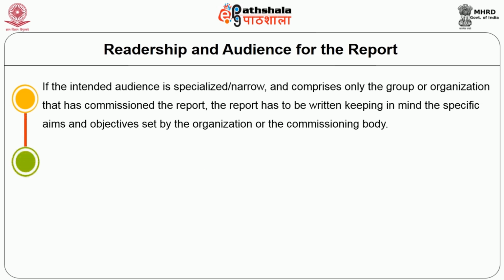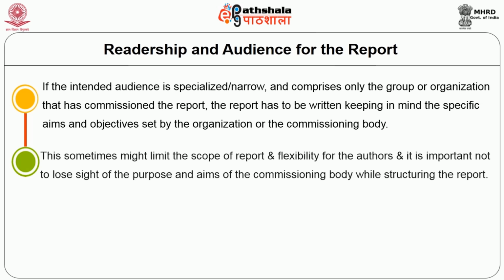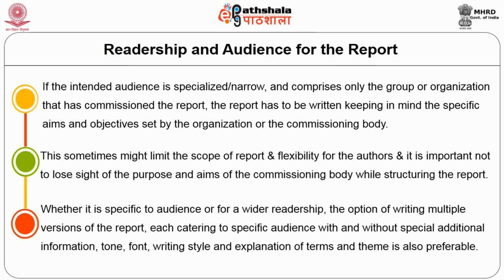This sometimes might limit the scope of the report and flexibility for the authors, and it is important not to lose sight of the purpose and aims of the commissioning body while structuring the report, as mentioned a while ago. Whether it is specific to audience or for a wider readership, the option of writing multiple versions of the report, each catering to specific audience, with and without special additional information, tone, font, writing style and explanation of terms and themes, is also preferable.